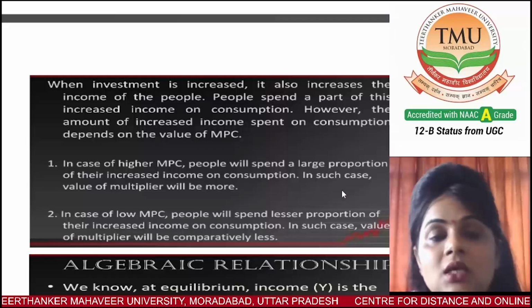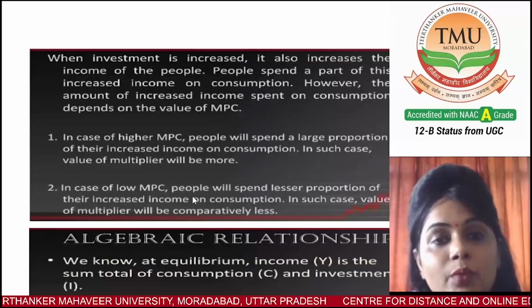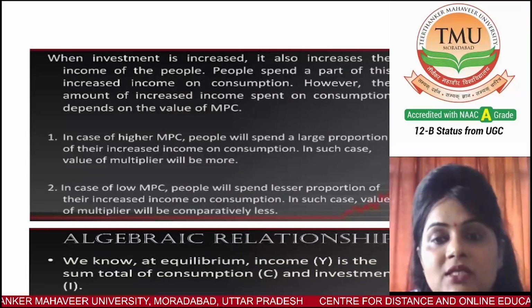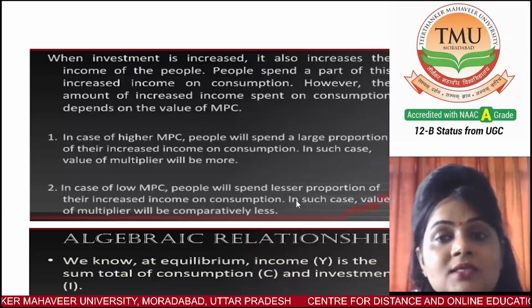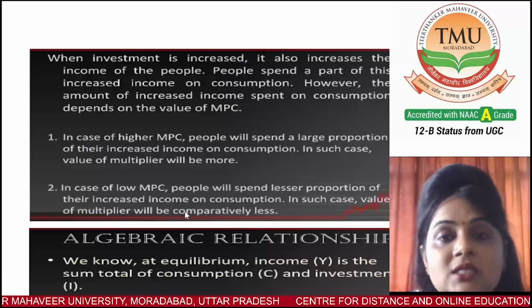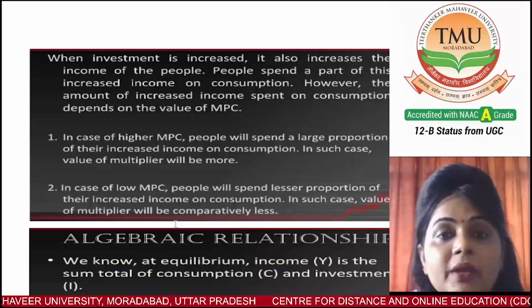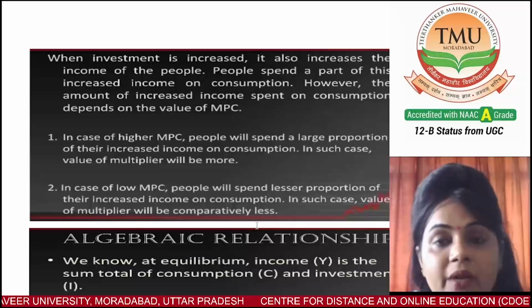In such case, value of multiplier will be more. In case of low MPC, people will spend a lesser proportion of their increased income on consumption. In such case, value of multiplier will be comparatively less.